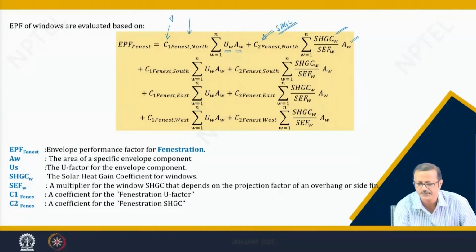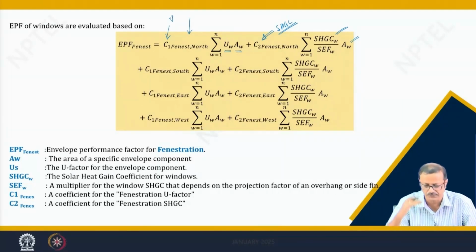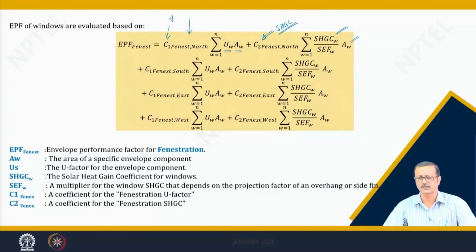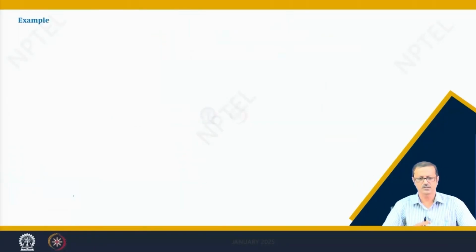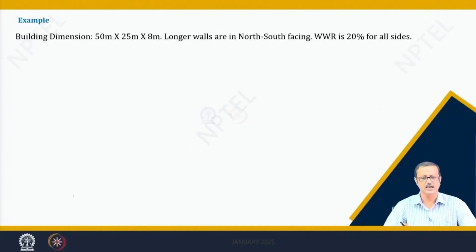And there is the ACF, a multiplier which is because of the shading and all, called the shading equivalent factor. We will discuss how to calculate the shading equivalent factor in the next lecture or maybe the one after. So, for the calculations, let me see how I can calculate.